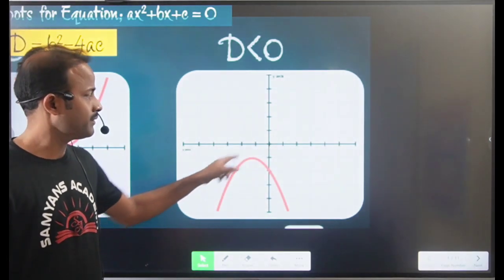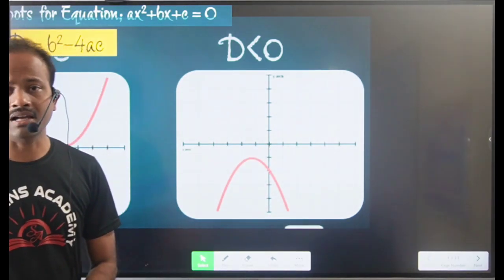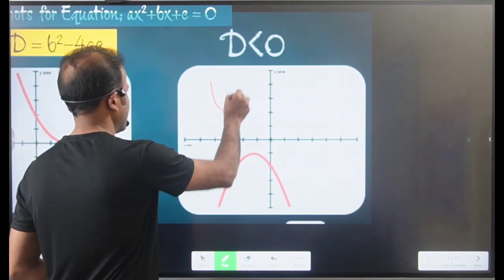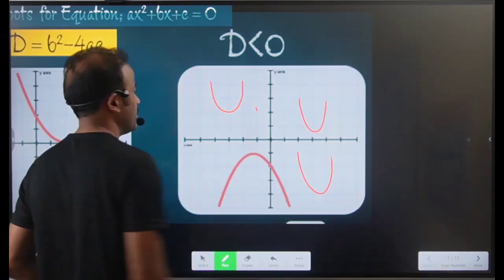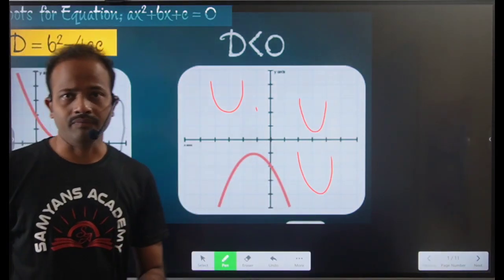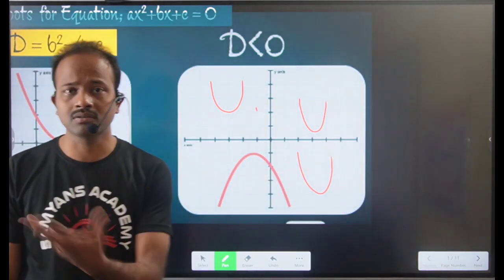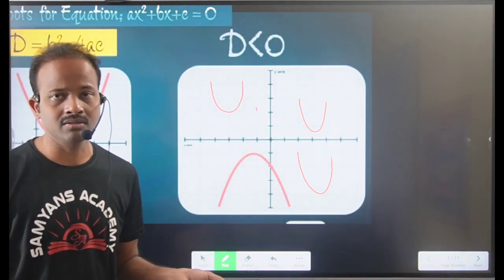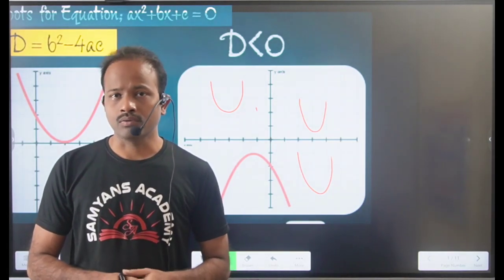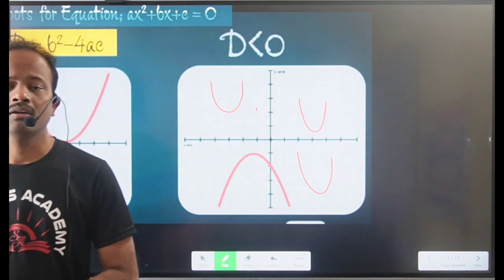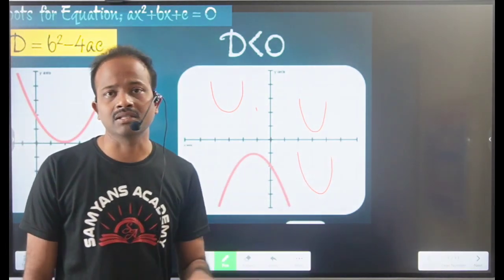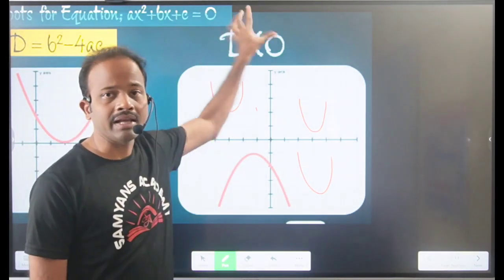It may look like this or like this, but anywhere you see, these graphs do not touch the x-axis. If the graphs are not touching the x-axis, there are no real roots. Only imaginary roots exist if the discriminant value is negative.